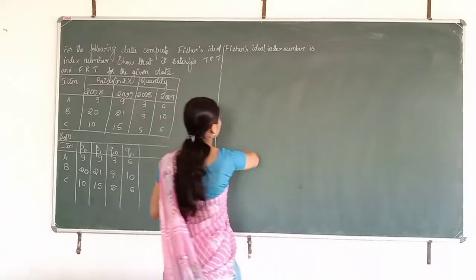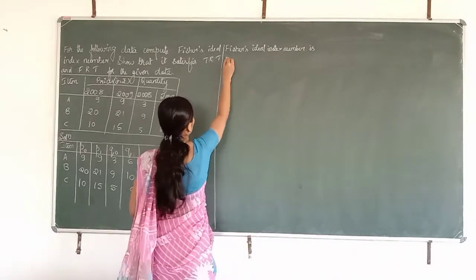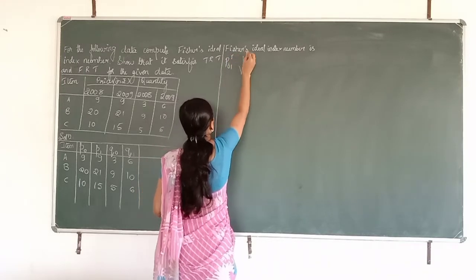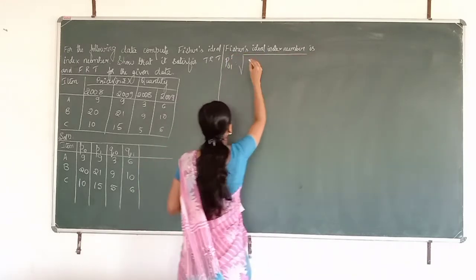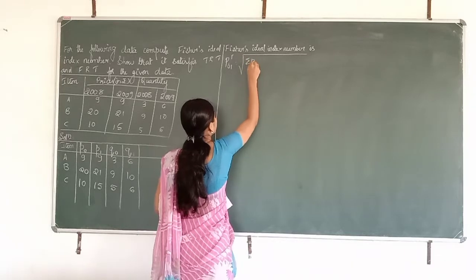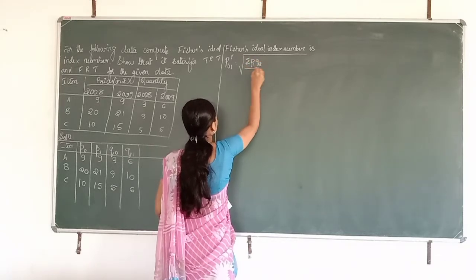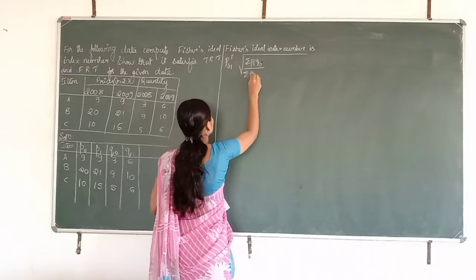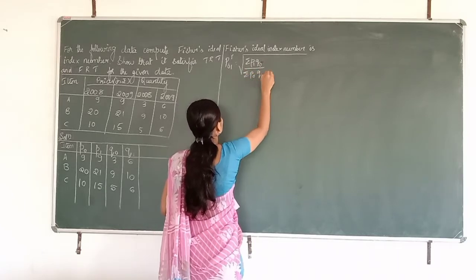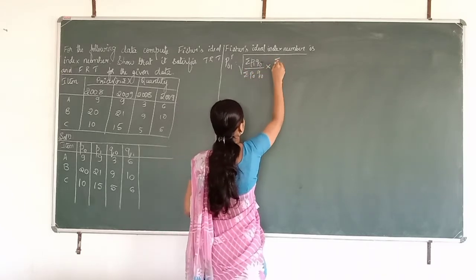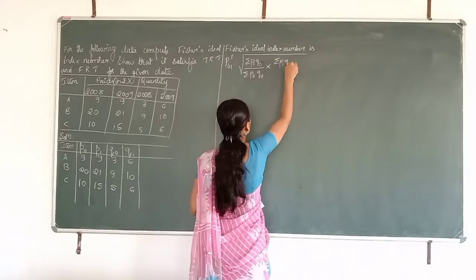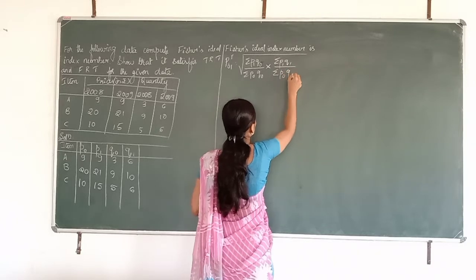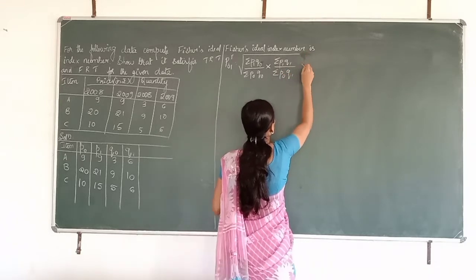So what is the formula of Fisher's ideal index number? P01 is equal to square root of summation P1 Q0 divided by summation P0 Q0 into summation P1 Q1 divided by summation P0 Q1 into 100.